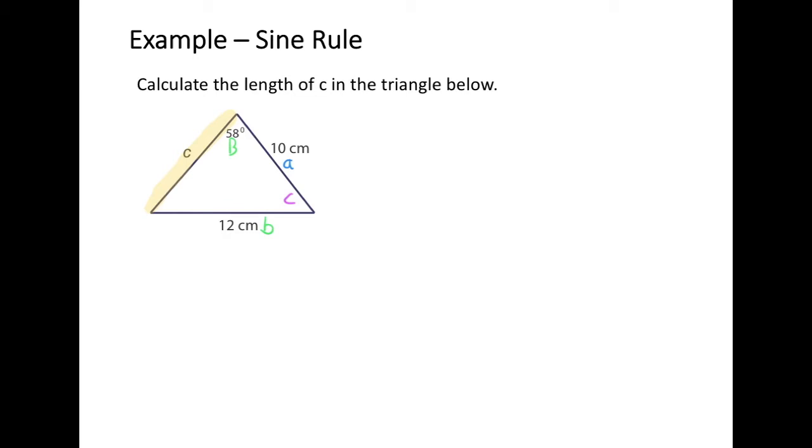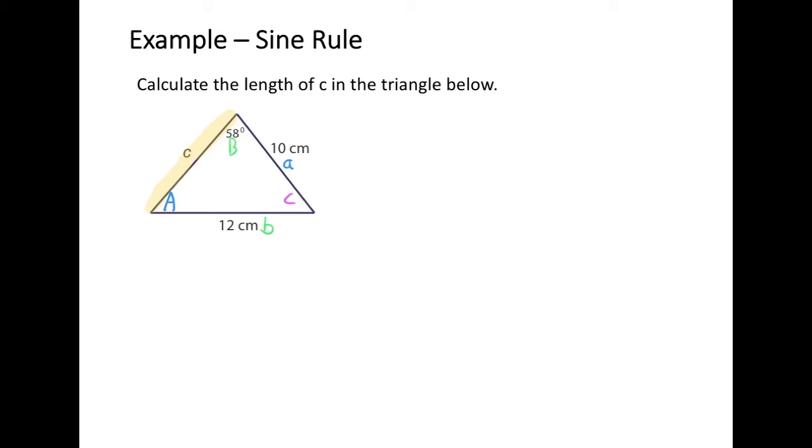The only other piece of information we do have is a side value, which is side A. Opposite side A will be angle A, but we don't know that value yet. So we've got a complete set of side B and angle B. We've got one side of A, and that is all we've got.